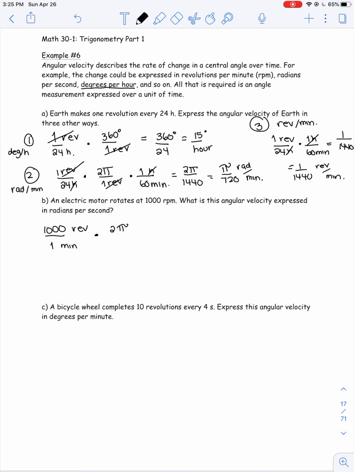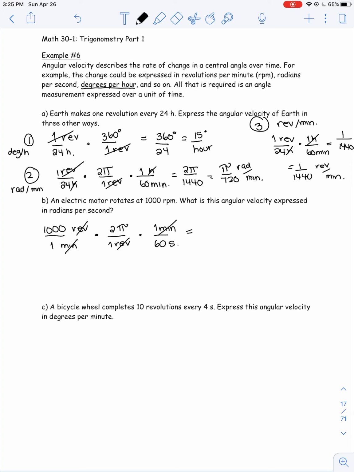First of all, we're going to need 2 pi there for radians at the top, so that way we have radians at the top per second. And 2 pi is equal to 1 revolution around the circle. And then we're going to need to get rid of minutes, so minutes has to go at the top, and there are 60 seconds in 1 minute.